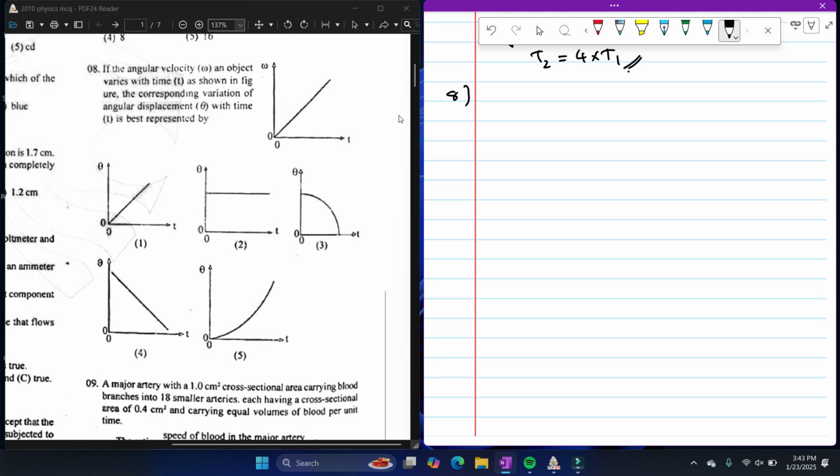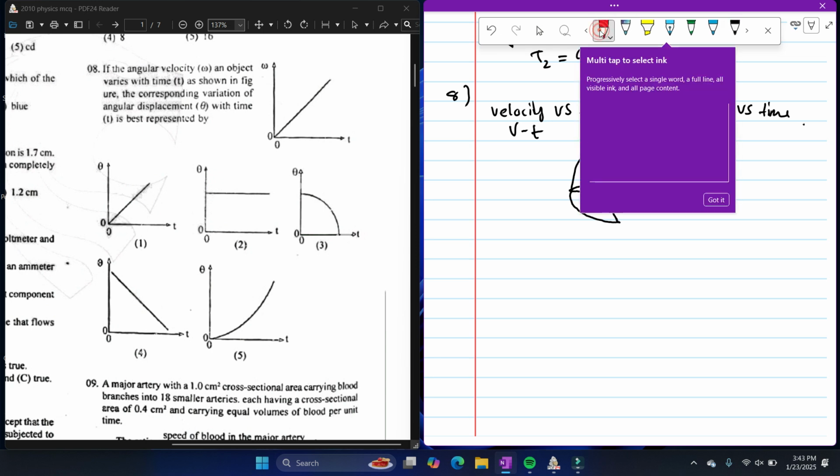The best way for you to comprehend this concept is, we very well know velocity versus time graphs and displacement versus time graphs, that is in the sense Vt and St graphs. So we know this concept. This is a short trick for you to identify the graphs within a short time period.